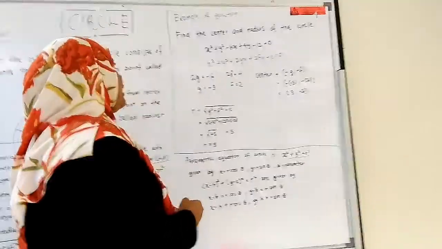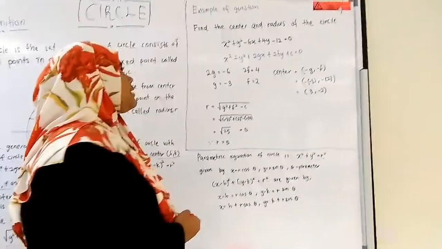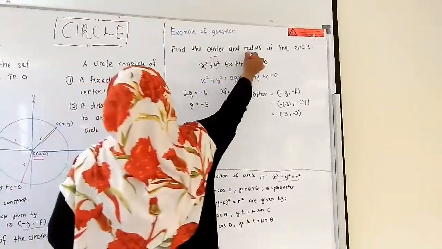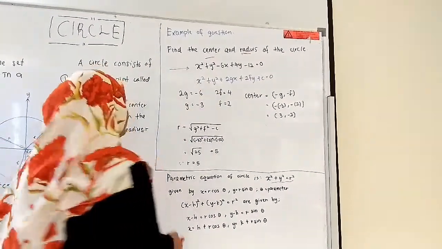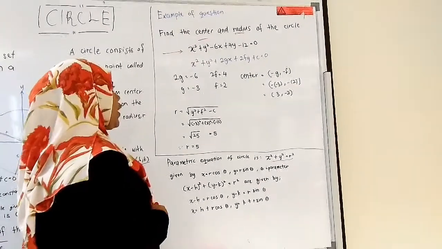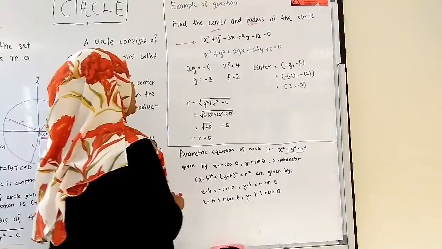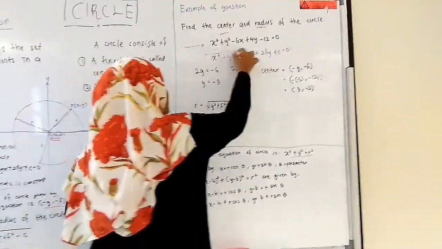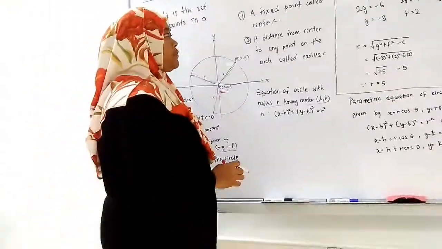So let us look at the example. The example says, find the center and the radius of the circle given by the equation x squared plus y squared minus 6x plus 4y minus 12 equals 0. By this equation, we can compare it to the general equation that I explained just now.